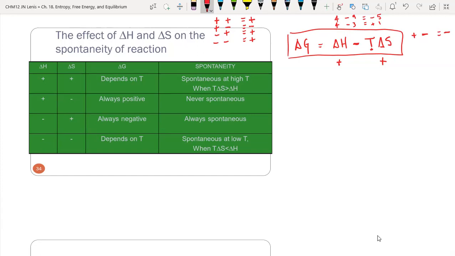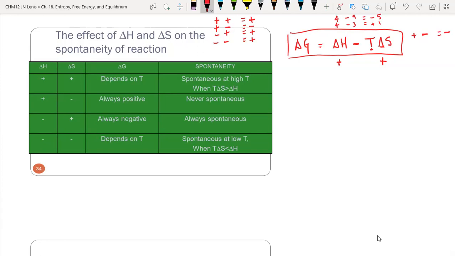If we have a big number on this term, the result will be negative and the system or the reaction or the process will be spontaneous. But who can make this number bigger or smaller? The temperature.